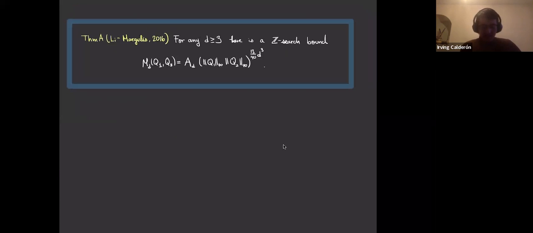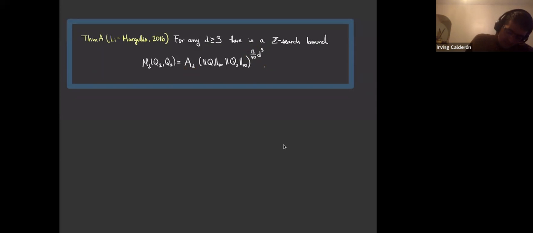Well, here it is. So they prove that if d is greater or equal than 3, then there is the polynomial search bound that Masser predicted, but they make explicit the exponent. We can just take 13 over 40 d cubed. And the multiplicative constant can also be deduced from their work. Okay. So this is theorem A.